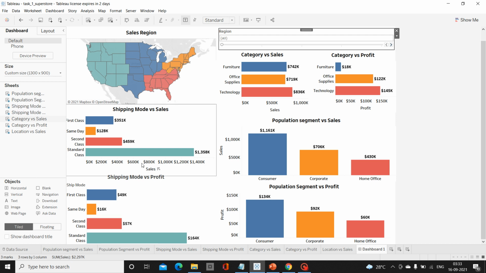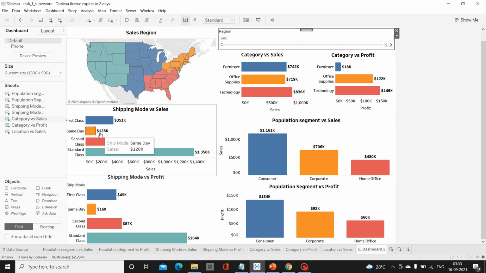But the most eye-catching thing here is the contribution of the same-day shipping mode. It is very shocking that the same-day shipping mode has the lowest contribution in sales as well as in profit, because as a customer, we all know it is a very happy occasion if the product is delivered on the same day of ordering itself.